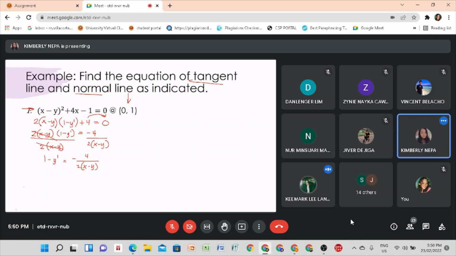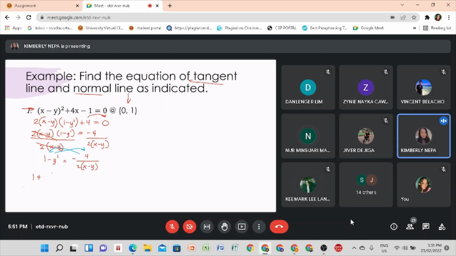Pwede? Pwede po. Do you understand my point? Yes po, ma'am. To make y prime positive, we move it to the other side. Pwede? Pwede po. Okay, so this would become 1 plus 4 divided by 2.